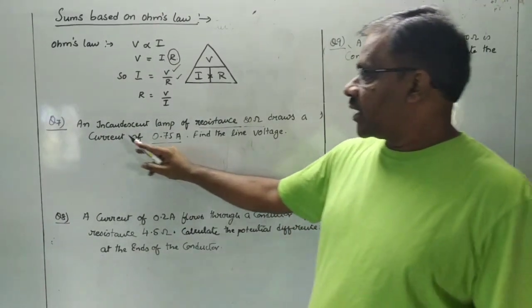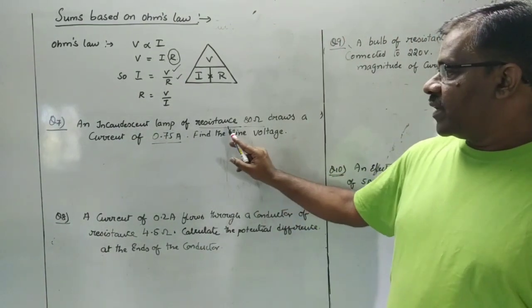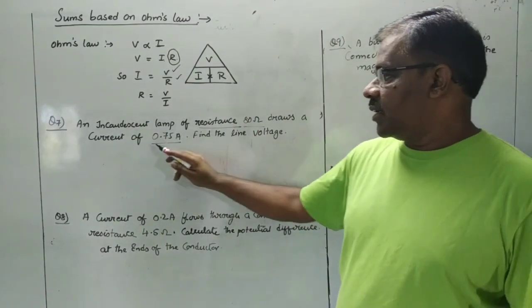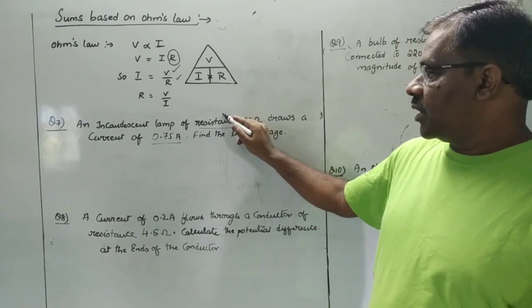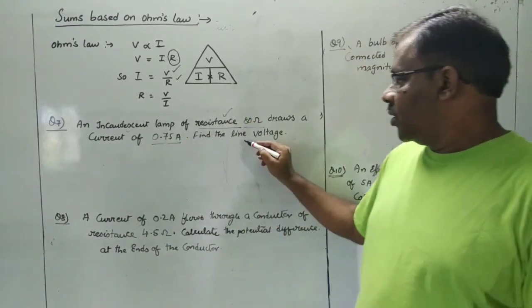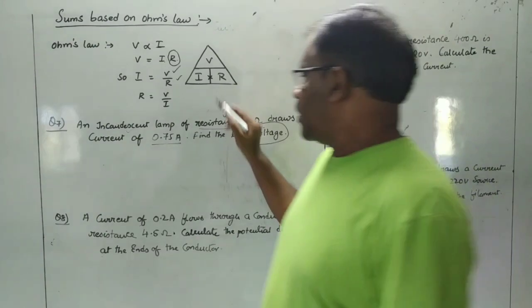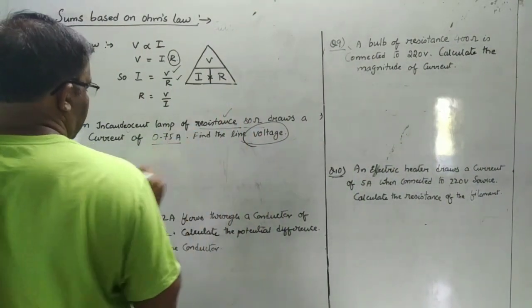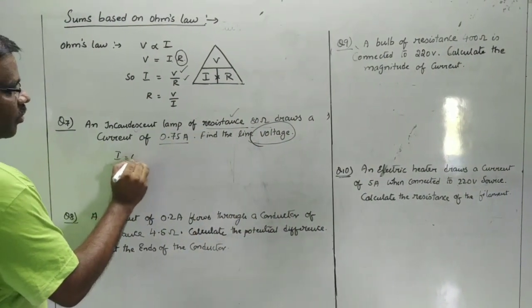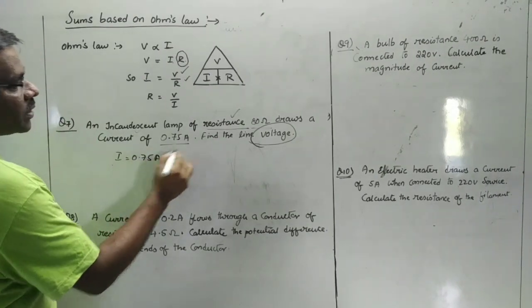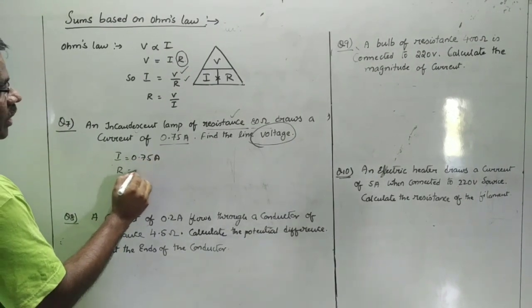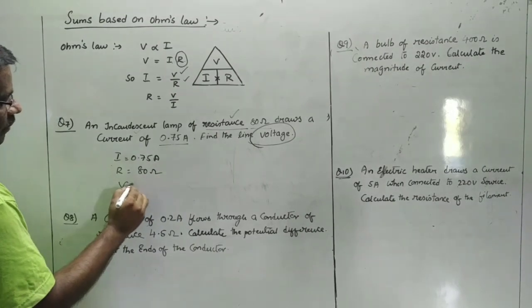So in the next sum we are given an incandescent lamp of resistance 80 ohms that draws a current of 0.75 amperes. So you are given resistance, you are given current, you need to find the line voltage. According to the formula V is equal to I into R, we are given I is equal to 0.75 amperes and the resistance to be 80 ohms. We need to find out the V value.